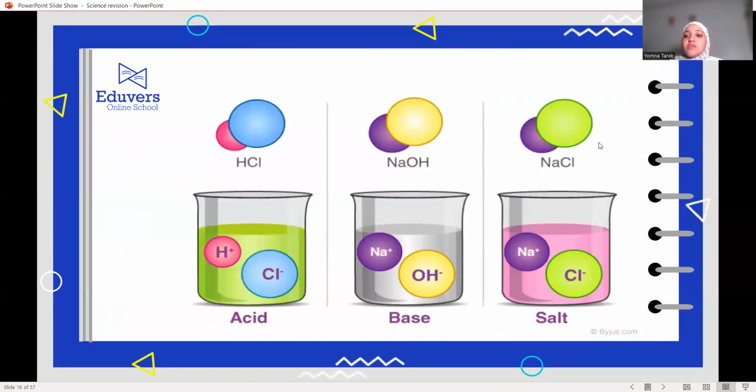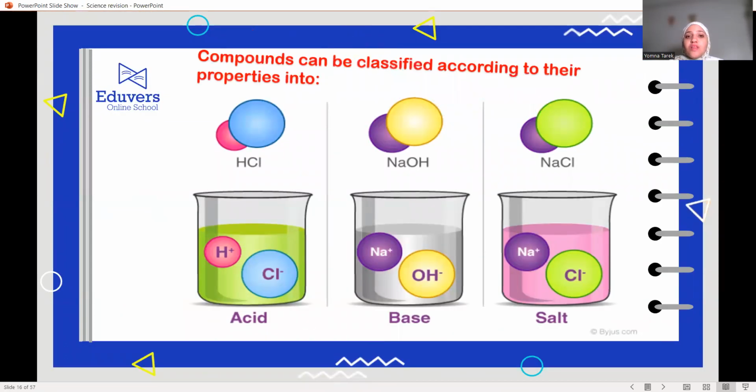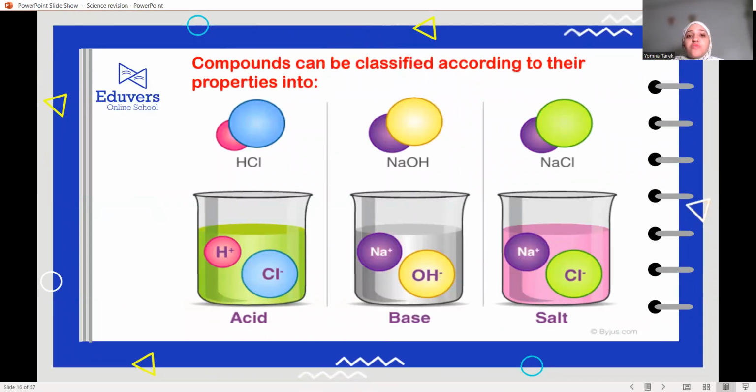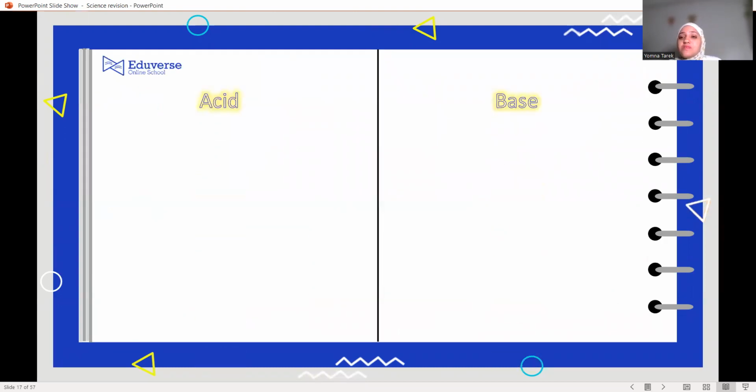Let's talk about the types of elements, the classification of elements or compounds according to their properties. First, we have acids, we have bases, and we have salts, and also we have oxides. Let's first talk about acids and bases. Let's make a comparison between them.